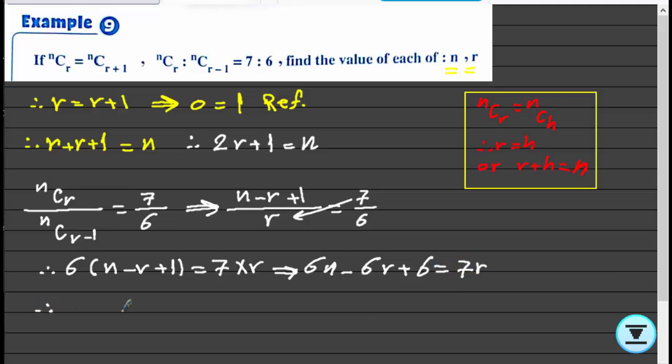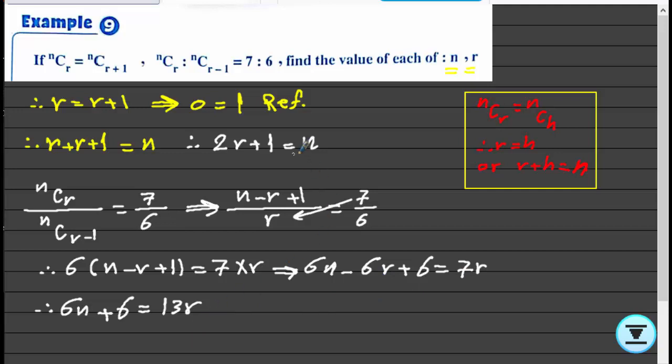And 6n plus 6 equals 13r. Negative 6r plus 7r, it is 13r.